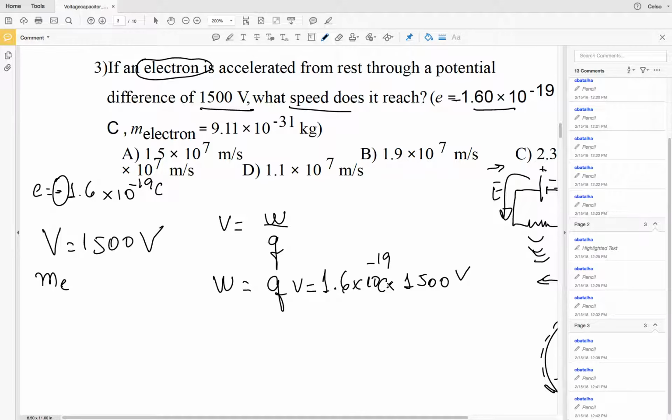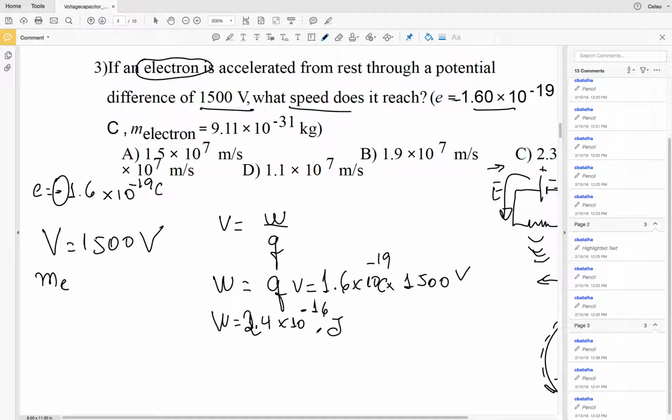Okay. So now we have the work, and we have to calculate this. Did somebody calculate? 2.4 times 10 to the power minus 16. So joules, the unit of energy.